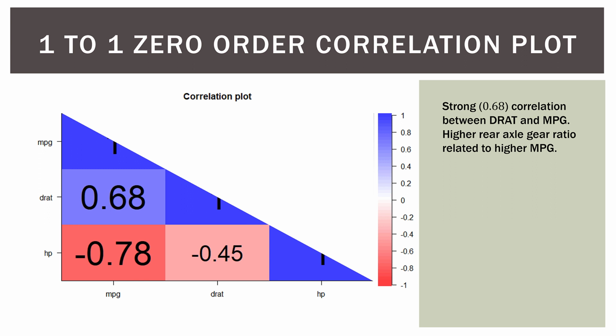And this should make sense. So what I said is that the rear axle gear ratio, that kind of determines how many times the wheels spin for every time the engine spins. Well, if the rear axle gear ratio is high, that means that for the wheels to make a turn, the engine has to turn less. And if the engine is turning less, that means you're using less fuel.